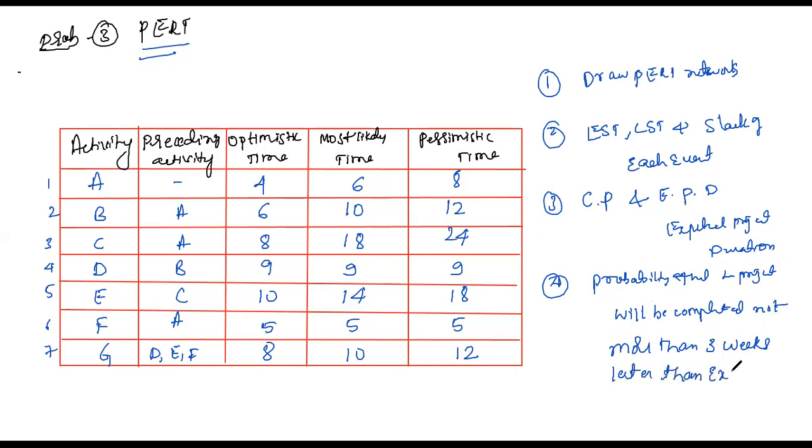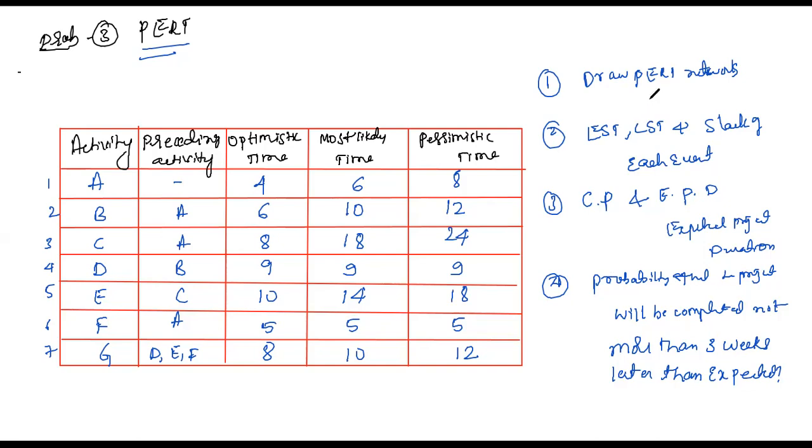I'll tell you what that exactly is. So they have mentioned it like this: what is the probability that the project will be completed not more than 3 weeks later than the expected time, that is, the expected duration. So these are the things we need to find out.